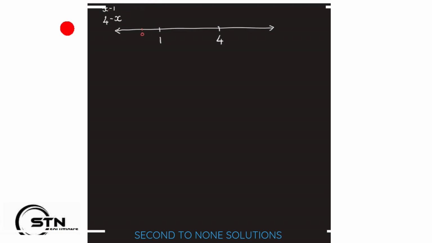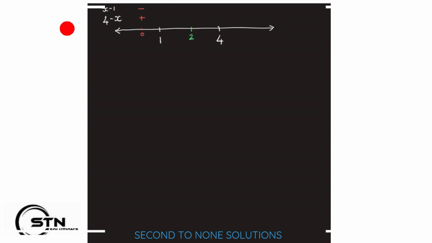And by kind of value, I mean, is it positive or negative? It would give me a negative answer. Then if I substituted 0 in for x over here, I would do 4 minus 0, which would give me a positive value.